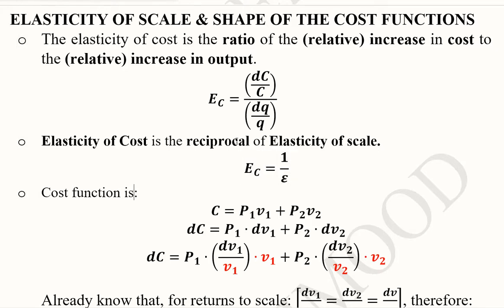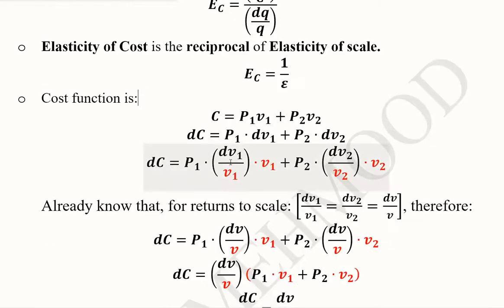So we start with the cost function in order to develop the relationship. The cost function is equal to the sum of the products of the prices and the quantities of the inputs involved. In this case there are two inputs, V1 and V2. Their prices are P1 and P2.